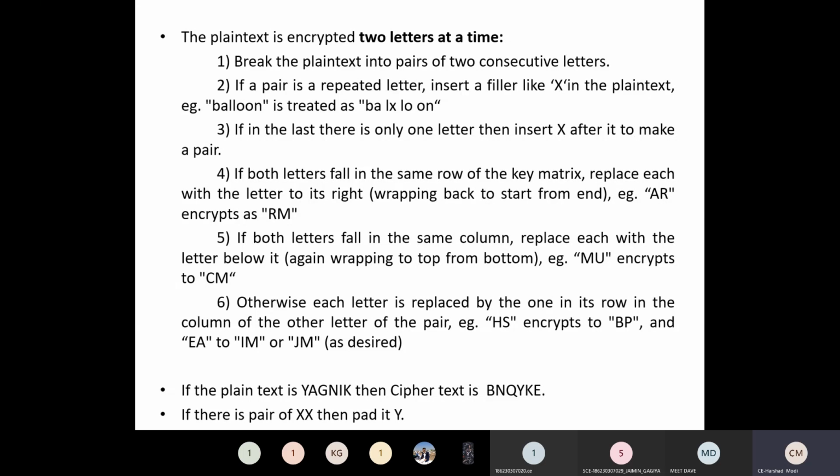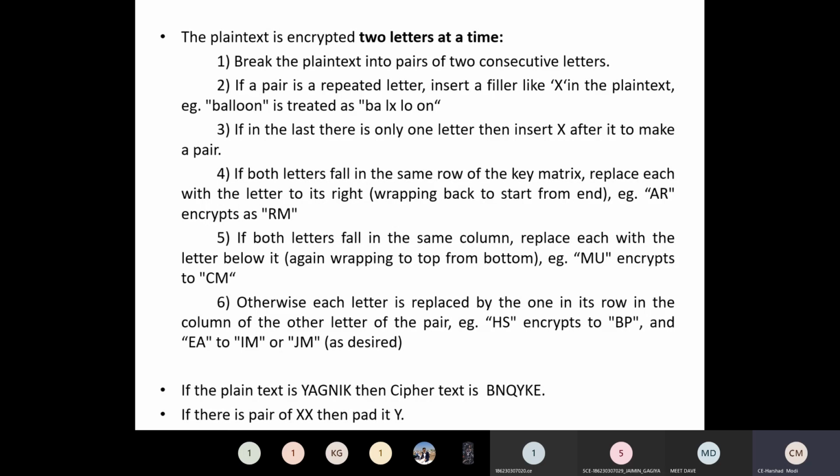If both letters are in a single row, then we take the adjacent right letter as the cipher character for the current character. If the adjacent letter is not there, meaning the last character is in the row, then we consider the first character of that row as the next character of the current character.